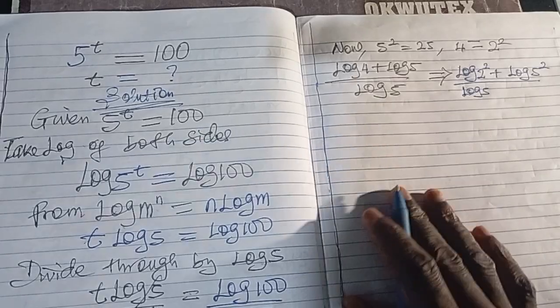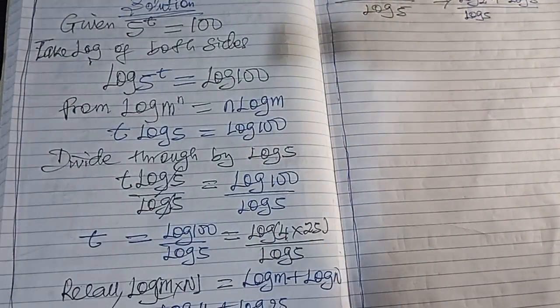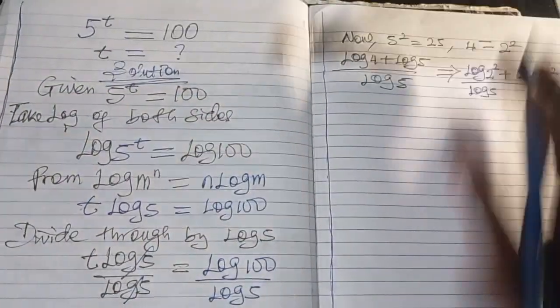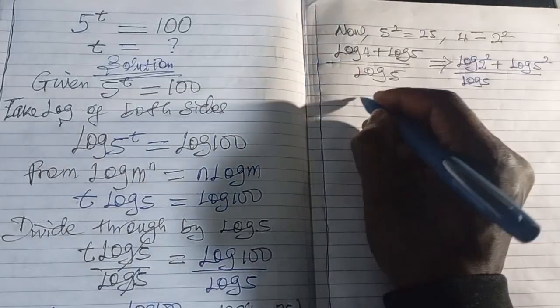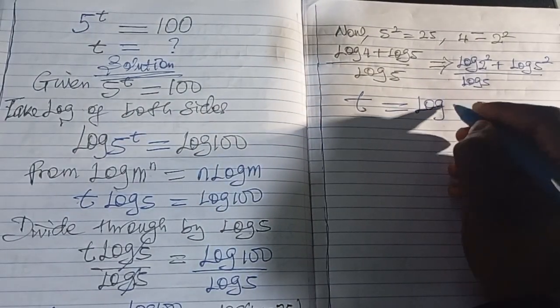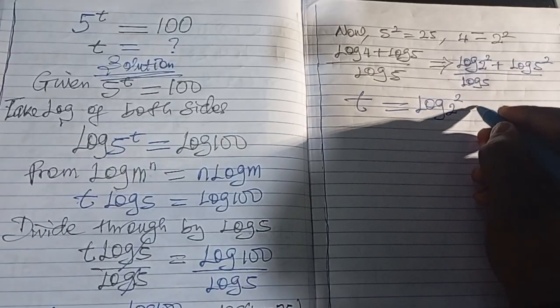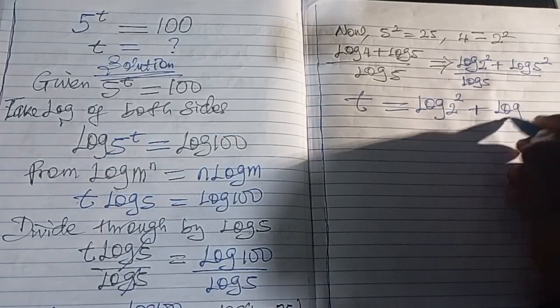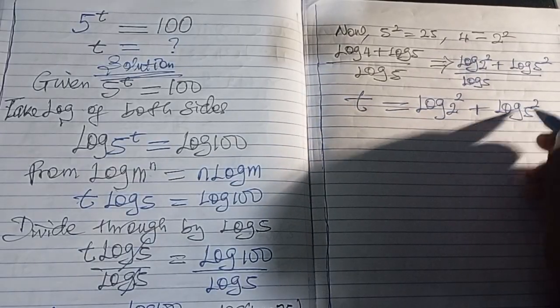Remember, t is equal to this. So we now have t is equal to log 2 raised to power 2 plus log 5 raised to power 2.